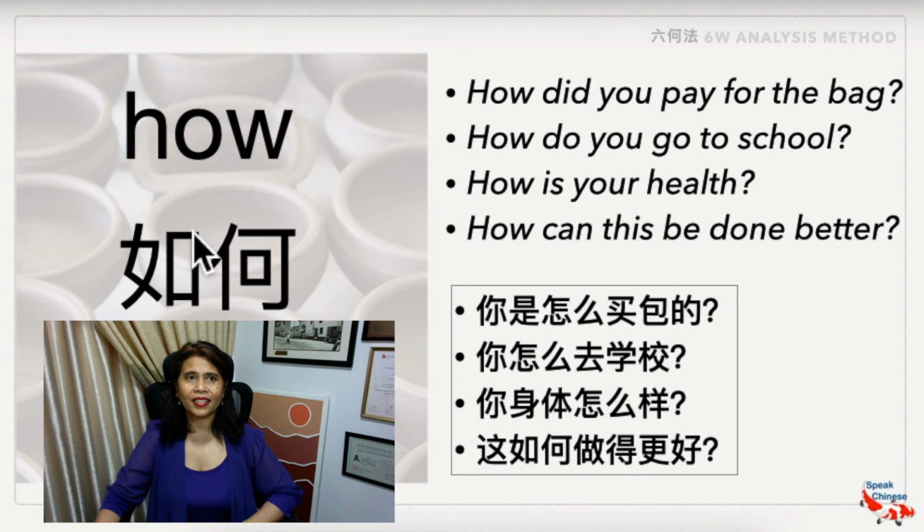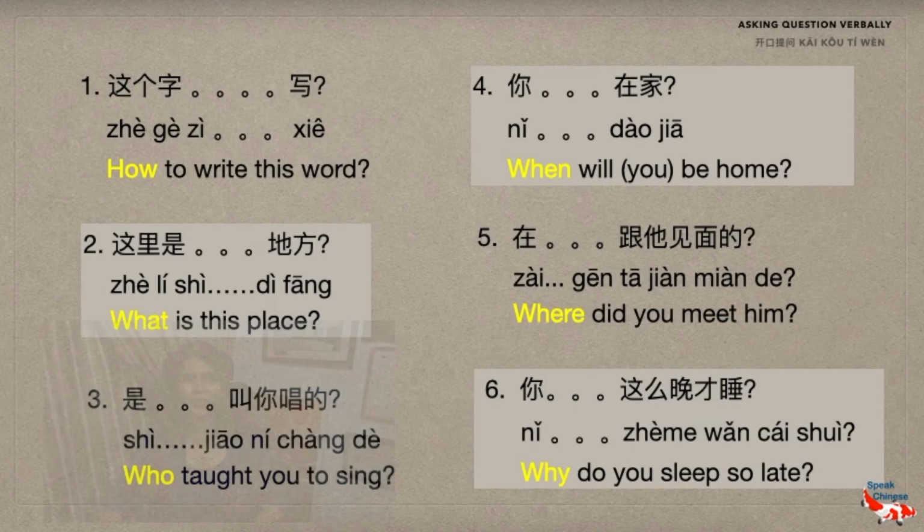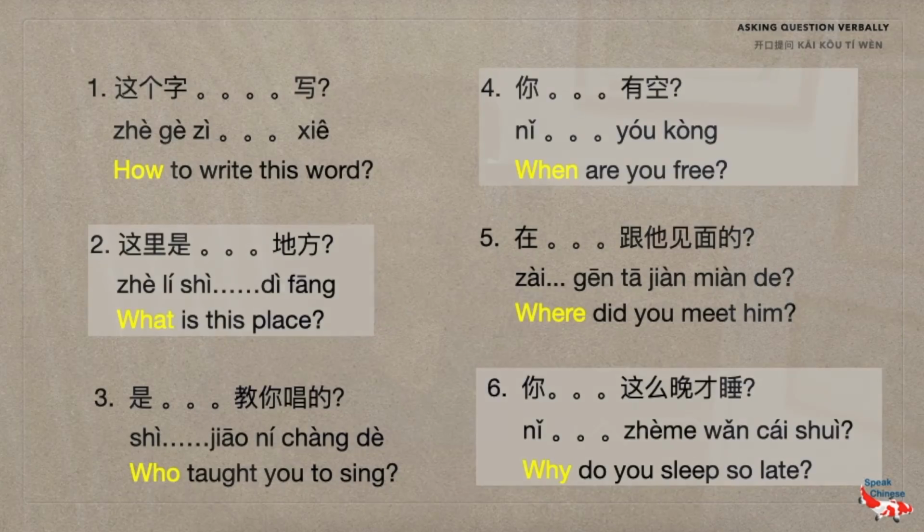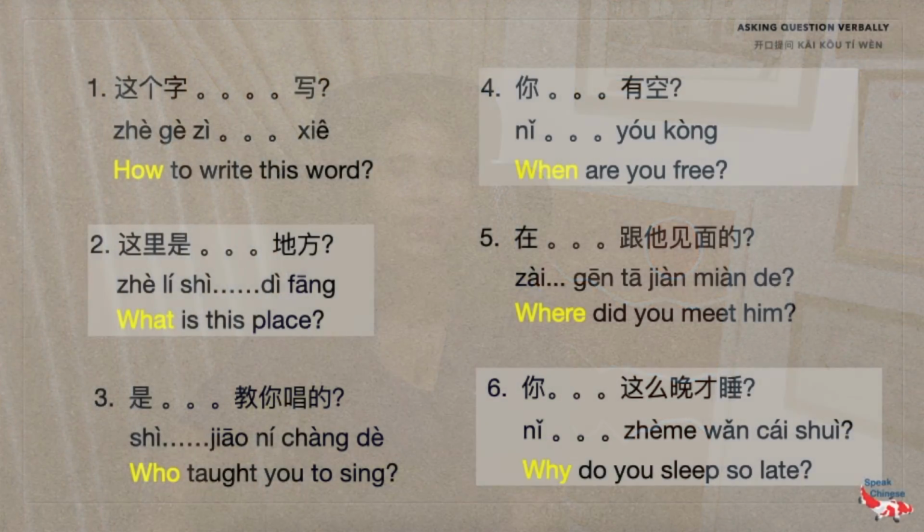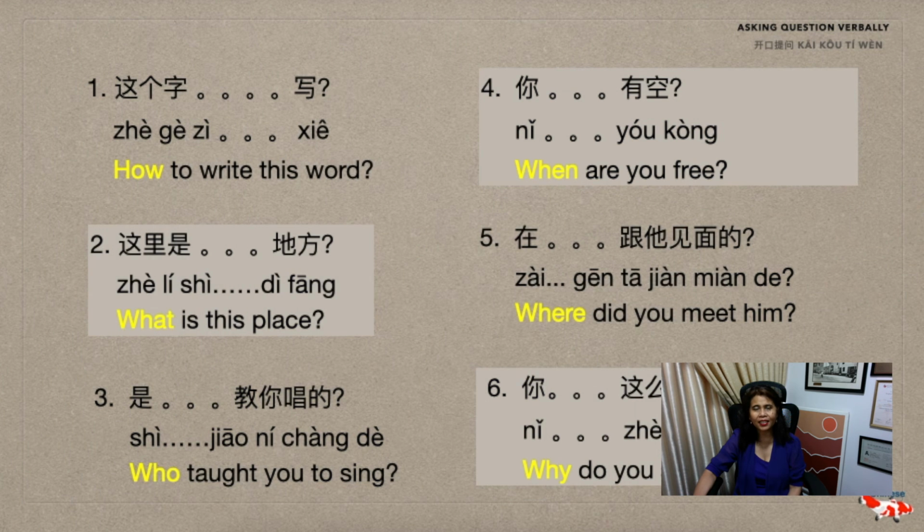Now you try. Exercise. I will only speak in Chinese and you try to understand which sentence it refers to. 这个字怎么写? How? 这是什么地方?